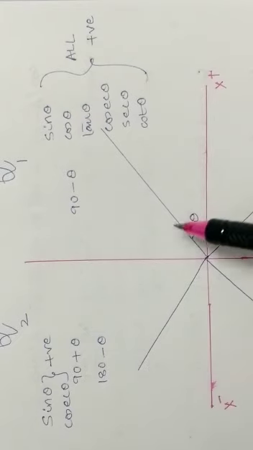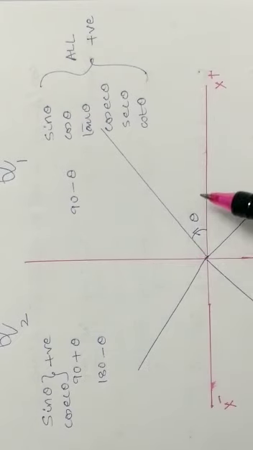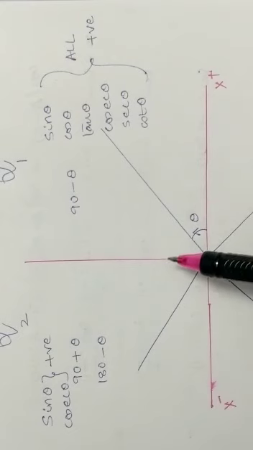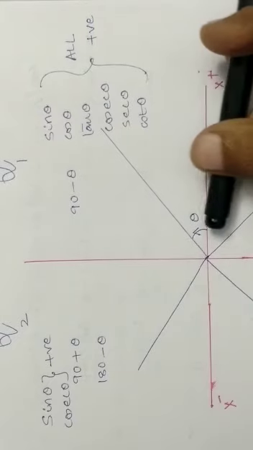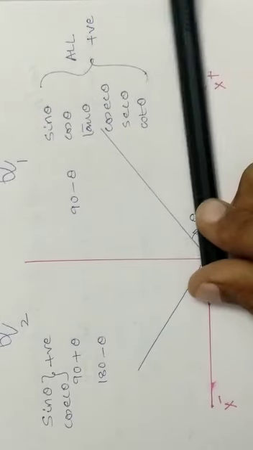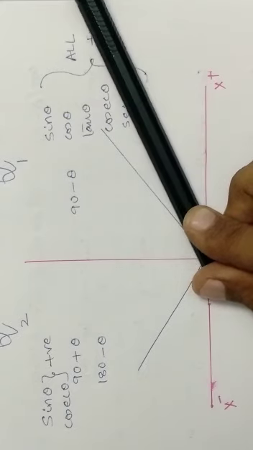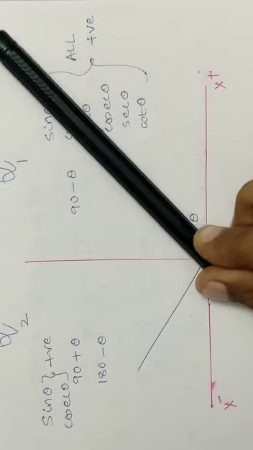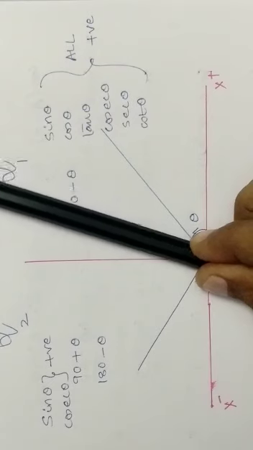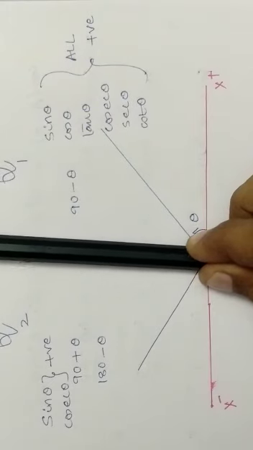This rotation will reach here at 90 degrees, which means your rotation begins here. The rotation is in between the angle 0 to 90.